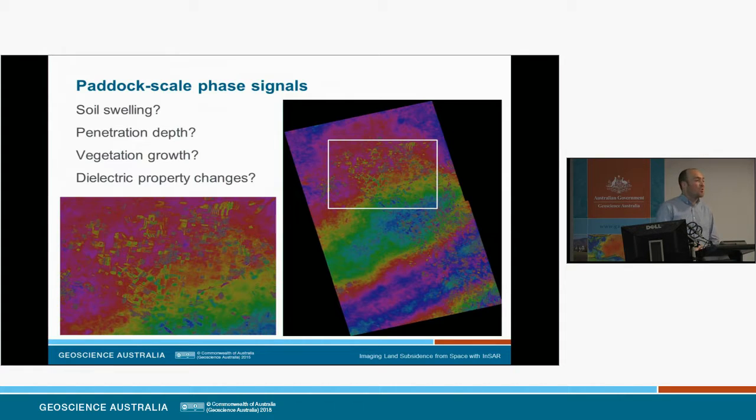Or changes in the growth of crops in these paddocks that's introducing scattering changes that manifest as phase delay signals. Or what people are more recently thinking is that it's actually due to electrical changes in the soil itself. So if there's been rainfall between the times, then the soil becomes more or less saturated, and that affects the electrical properties that the radar sees. So nevertheless, these introduce complex small-scale signals that we must deal with if we're to find the signals that we're looking for.